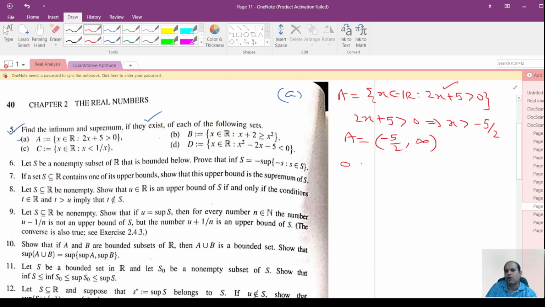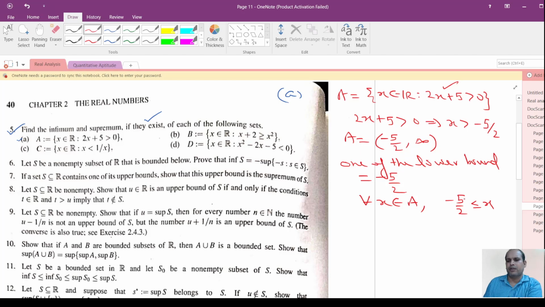So one of the lower bounds is minus 5 by 2 itself, because for every x belonging to A, minus 5 by 2 is less than or equal to x. That is, every x is either equal to minus 5 by 2 or exceeds minus 5 by 2.